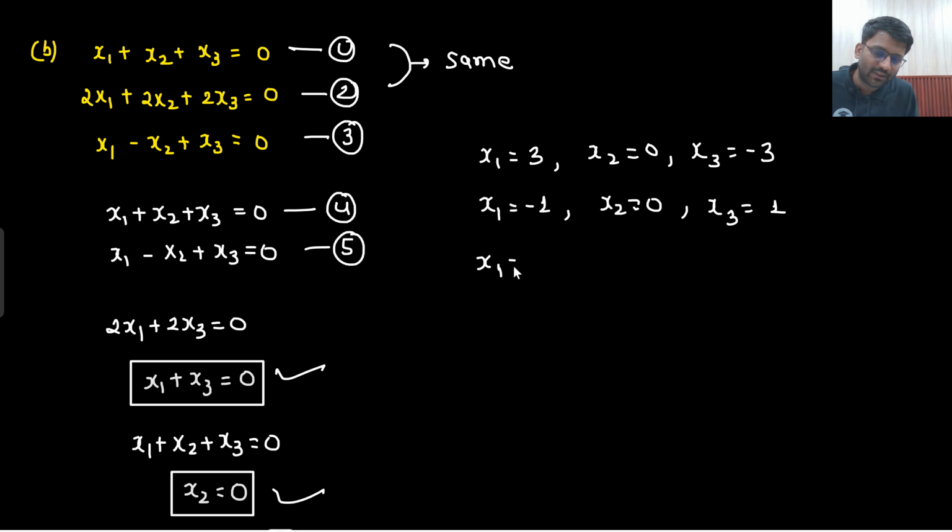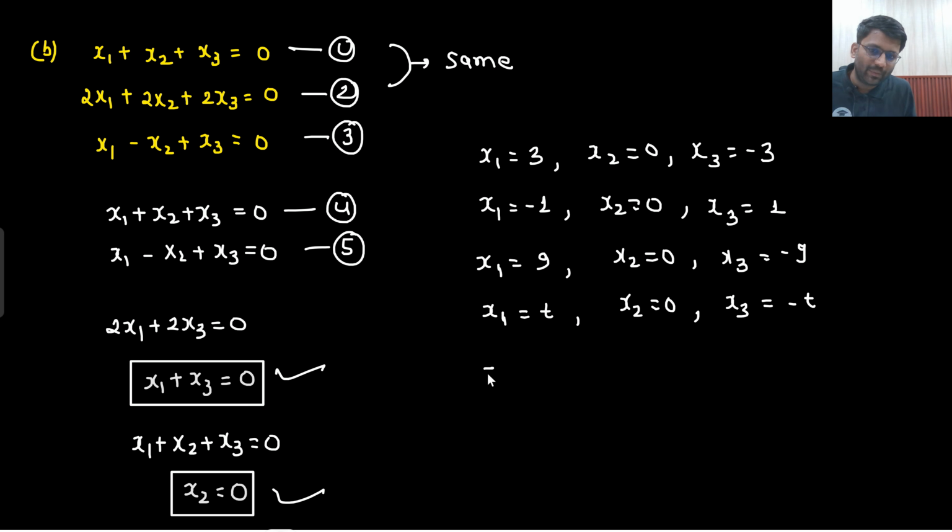If I keep x1 as 9, x2 is 0 and x3 is minus 9. If someone says I am keeping x1 as t, x2 is for sure 0, then x3 has to be minus t. So what will be your solution vector? The solution vector would look somewhat like this.